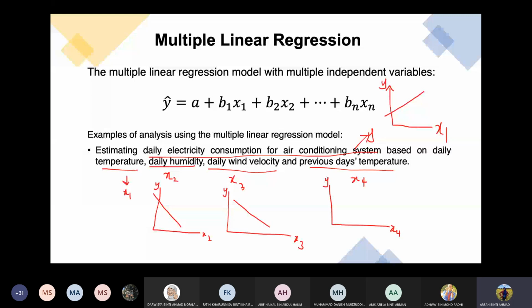Makin sikit. Salah. Okay, previous day temperature maksudnya kalau hari sebelumnya makin panas, so the next hari pun panas. Okay, so kita akan guna lebih banyak aircon.